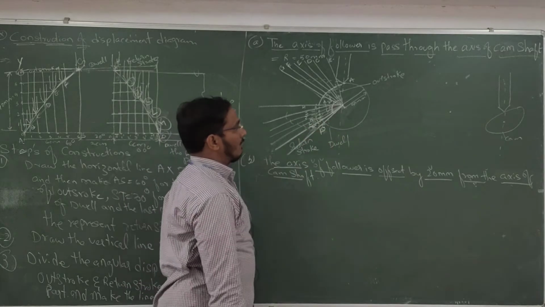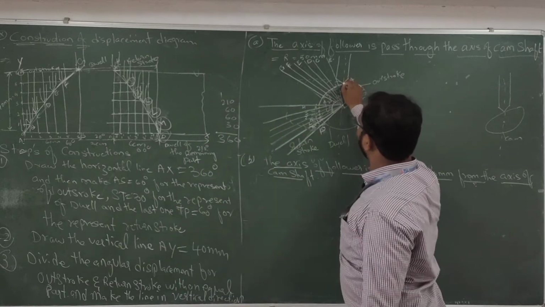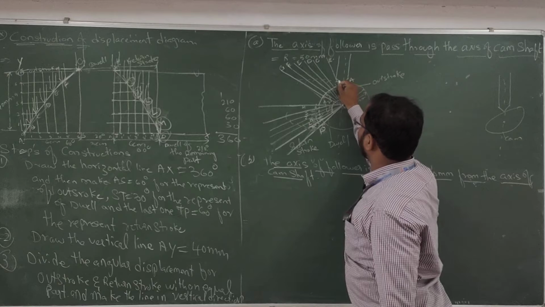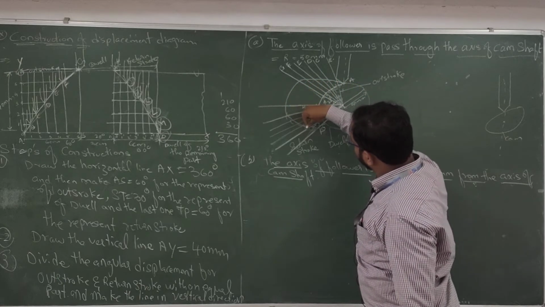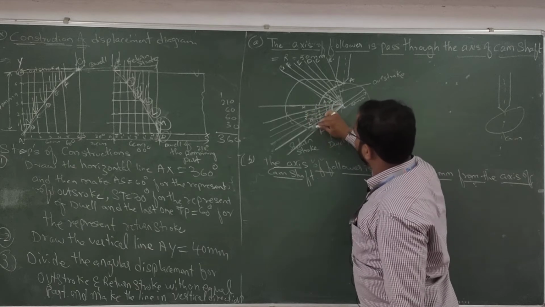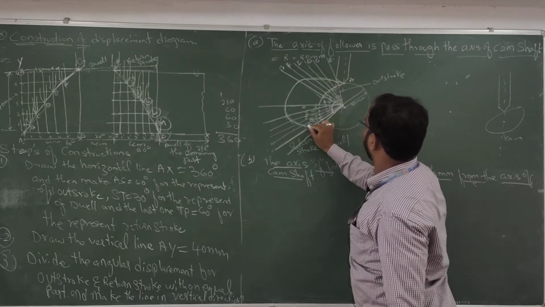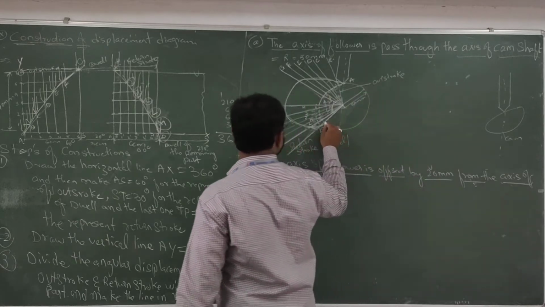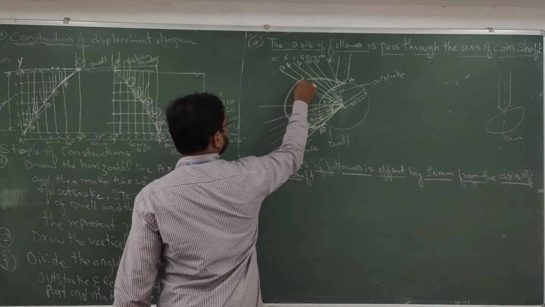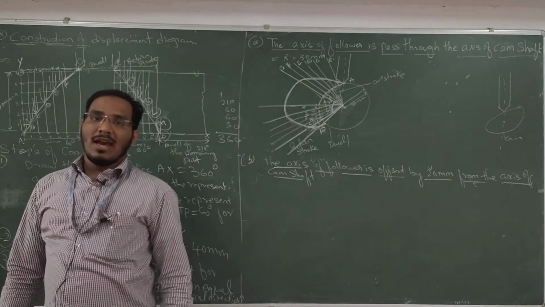Then after that, just join these arcs from A to P by a smooth curve. So this is your cam profile.